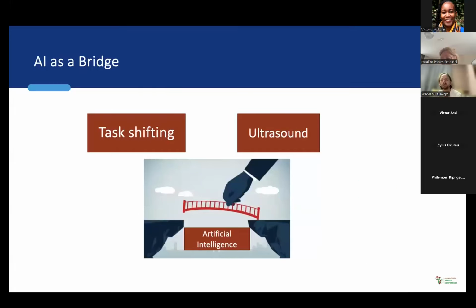So AI can work as a bridge between task shifting and point of care ultrasound. And if we can integrate point of care ultrasound with AI, then definitely it can help in high volume centers like ours.